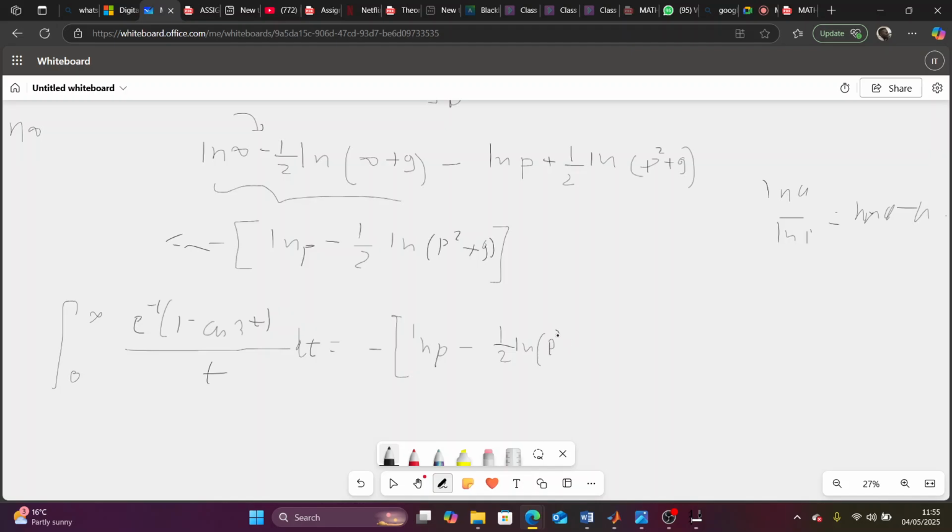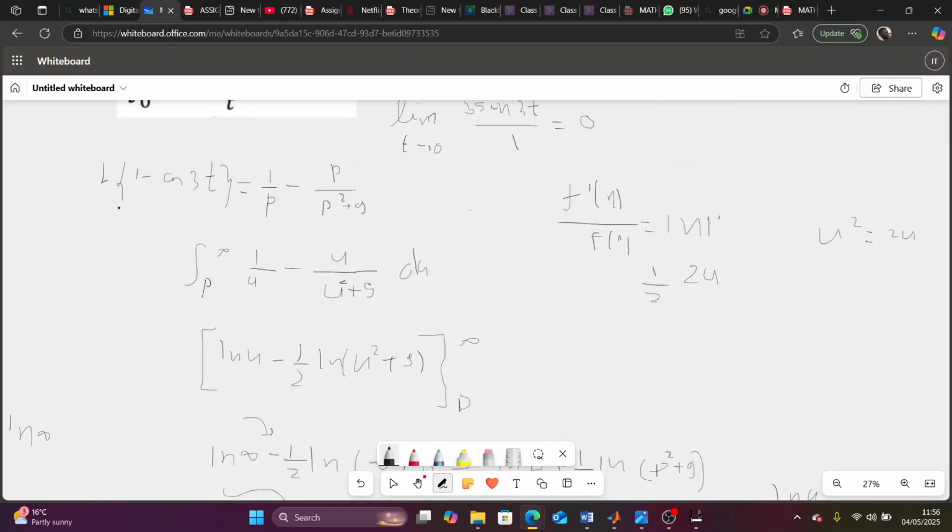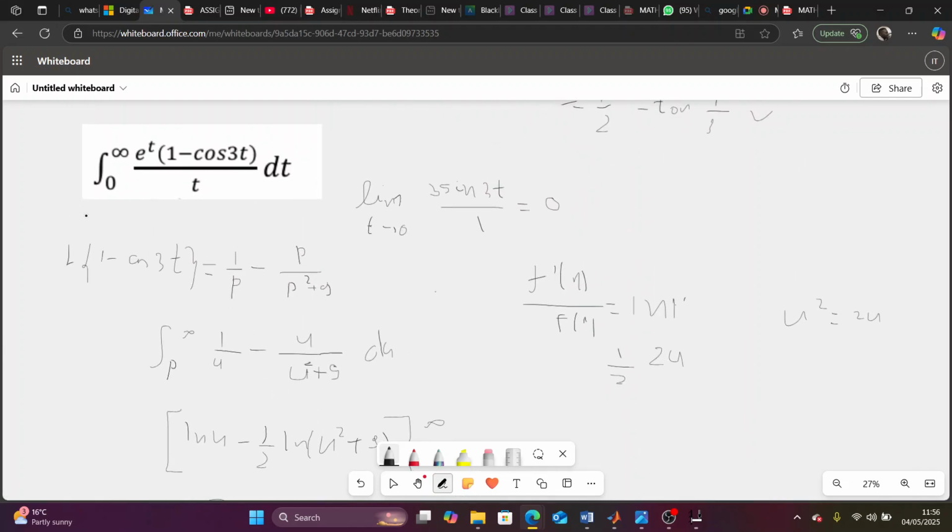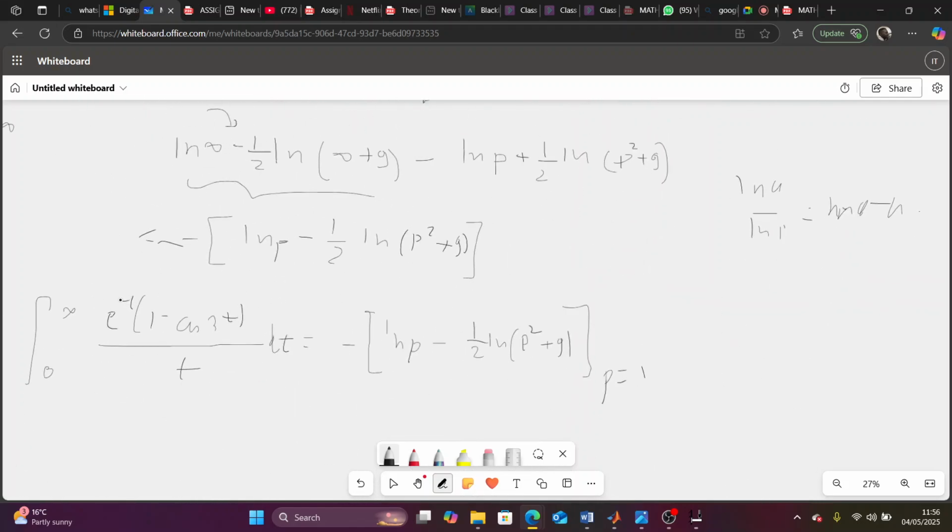Now p square plus 9. There is one thing that will be added, which is the value of p. If t here is minus 1, this one should be 1. No, it's minus 1. This one is negative 1.